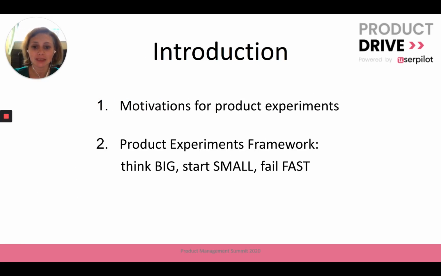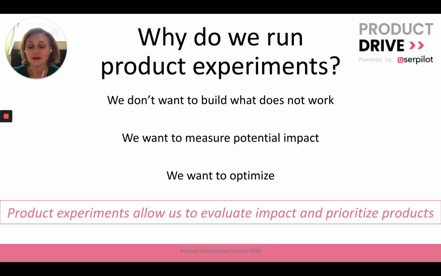Very quickly, we'll chat about why we run product experiments and then talk a lot about the framework that allows us to make them more successful. Well, why do we run product experiments? I'm sure if I asked you sort of live as an audience, there will be a bunch of different ideas and all of them would be correct. But really the most important reasons are that we don't want to build what doesn't work and spend a bunch of time sort of without an impact.